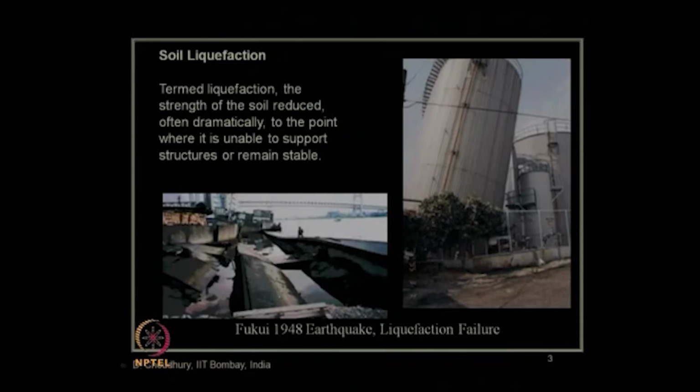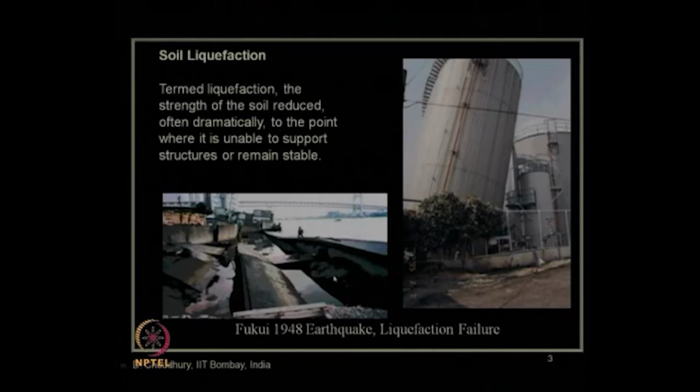Through this picture we have seen the case study or example of the Japan Fukui earthquake of 1948, the liquefaction related failures. This portion shows the liquefied zone, and after liquefaction what happens? The immediate effect of the soil liquefaction is that once the soil gets liquefied, that fluidic or watery material starts flowing from higher gradient to lower gradient, like water flows as we know.